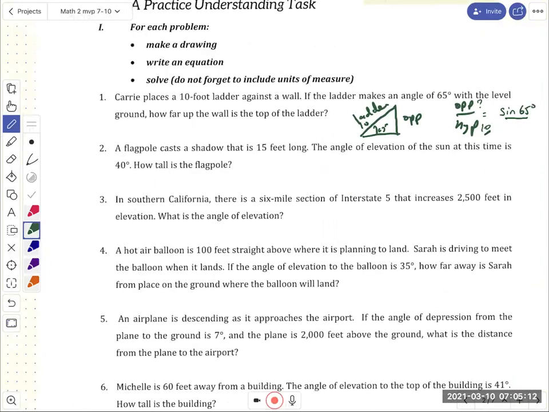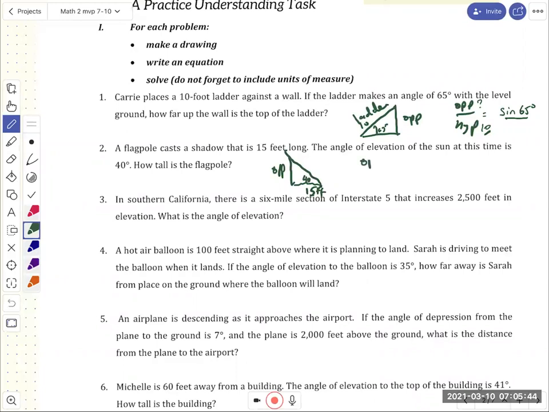Next, a cast shadow. Here's a shadow, and it's 15 feet long. The elevation angle of the sun at this time is 40 degrees. You're like, I'm not sure what that means, but maybe it means that it's 40 degrees here. So now, you don't know the opposite, but you do know the shadow, which is the adjacent.